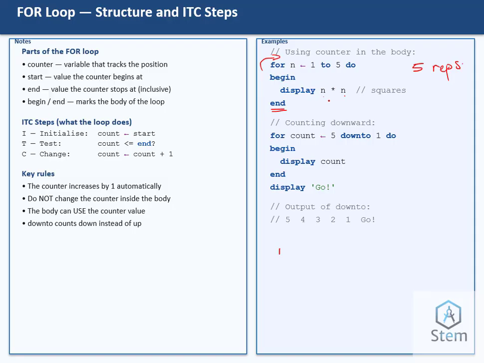We display 2 times 2. That's going to give us 4. Then we go back again. We display 3 times 3. That's going to be 9. And you can get the idea, 16 and 25. So that's what our program did here.